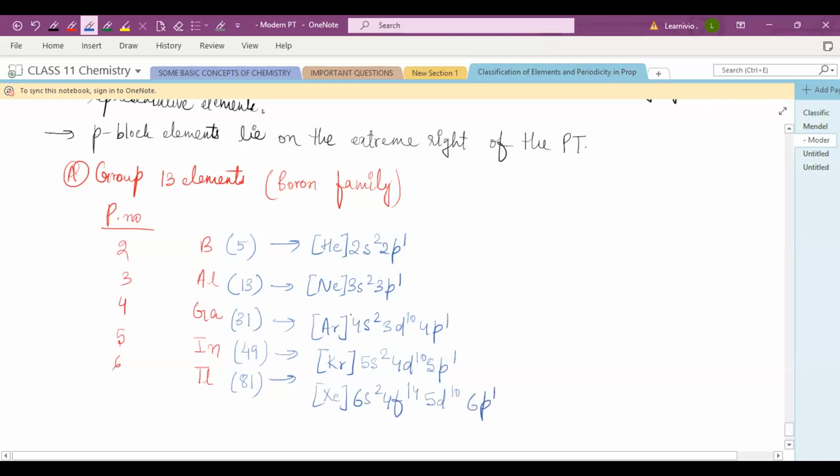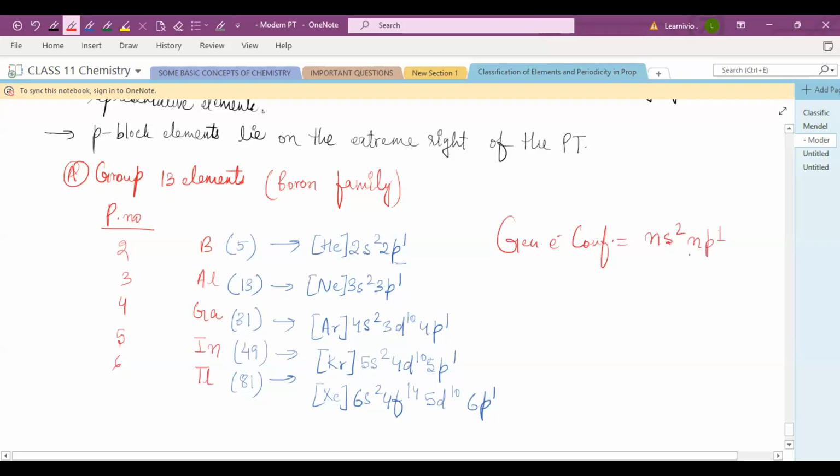Okay, so these are the electronic configurations. Now see again the valencies. Valency is now 3: 2 plus 1, 3. Now write down the general electronic configuration. It's ns2, np1.